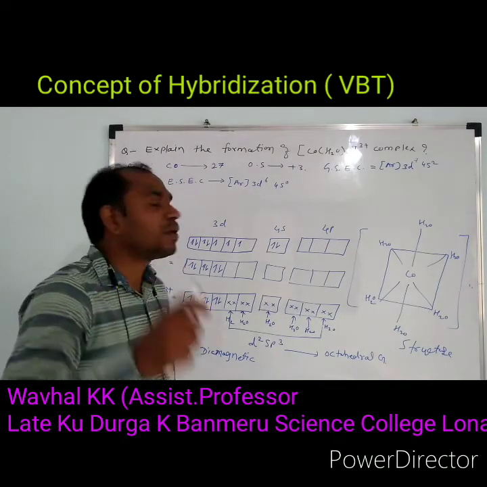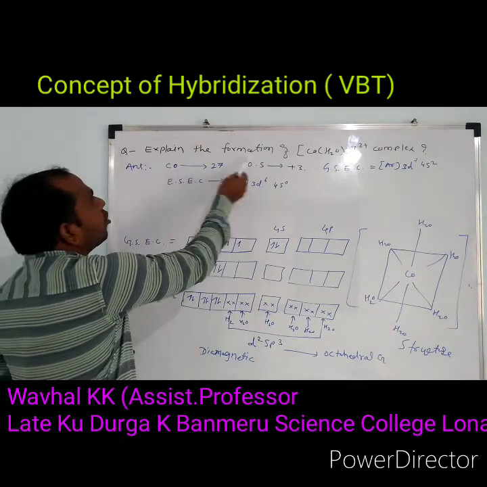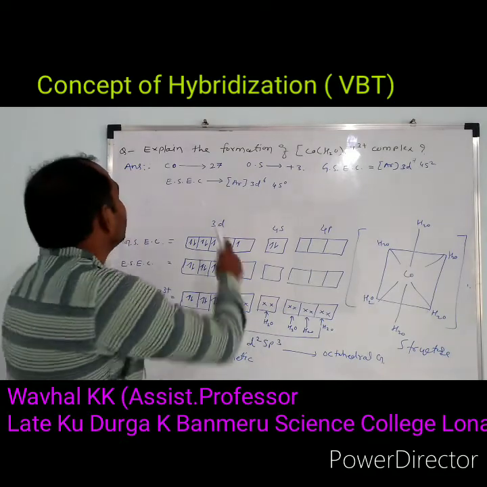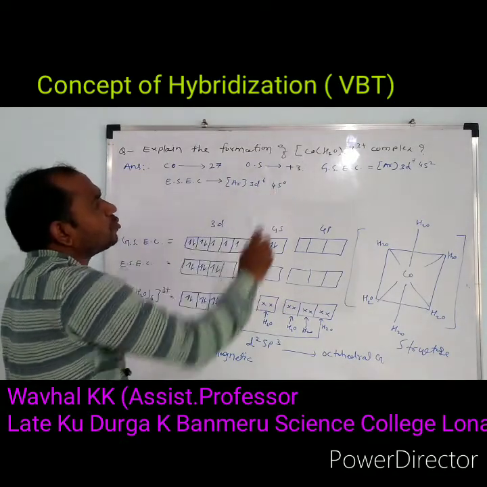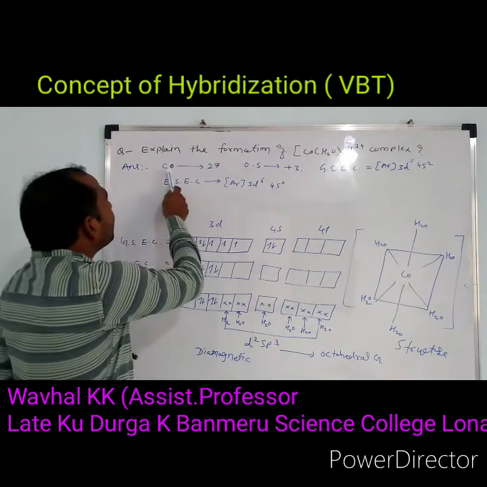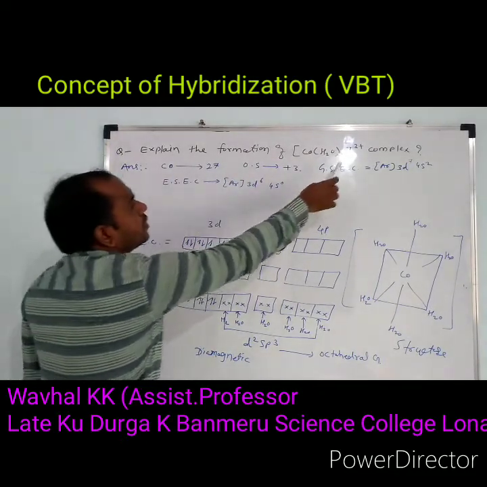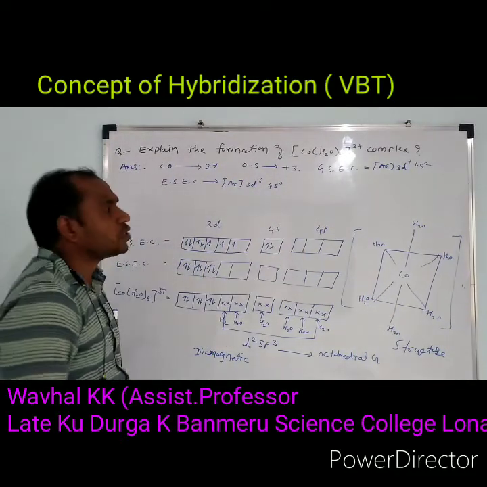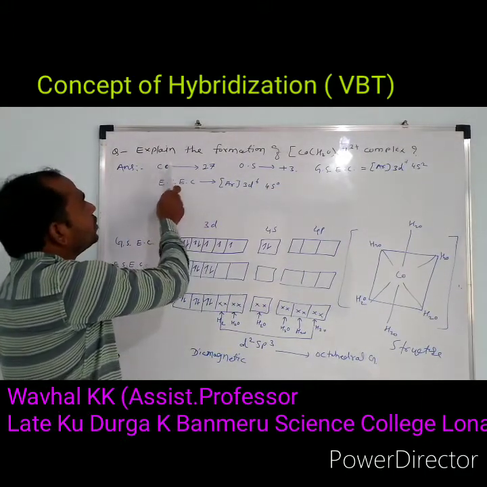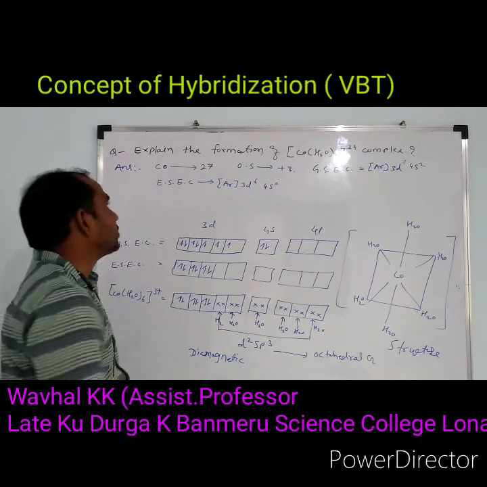See, the next example is to explain the formation of the [Co(H2O)6]3+ complex. In this complex, the central metal atom is cobalt. Six H2O ligands are attached to the cobalt, and hence the coordination number of cobalt is 6.